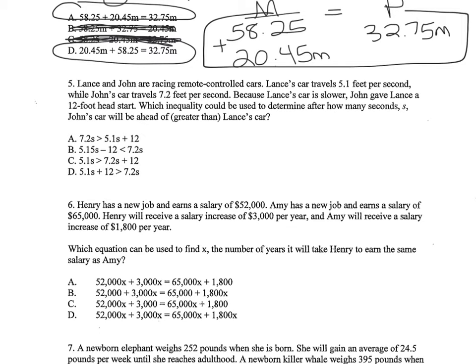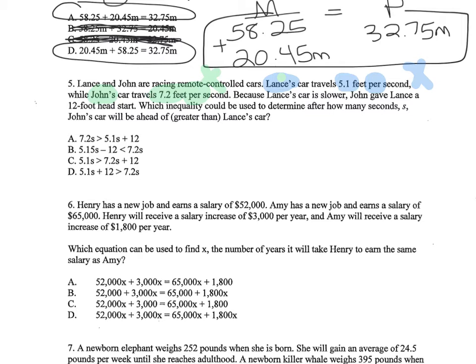Lance and John are racing remote-controlled cars. Lance's travels at 5.1 feet per second. There's your variable. And John's car travels 7.2 feet per second. There's the variable. Because Lance's car is slower, John gave Lance a 12-foot head start.